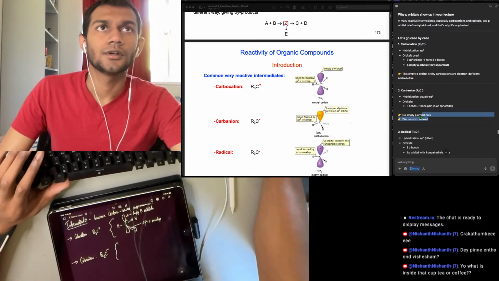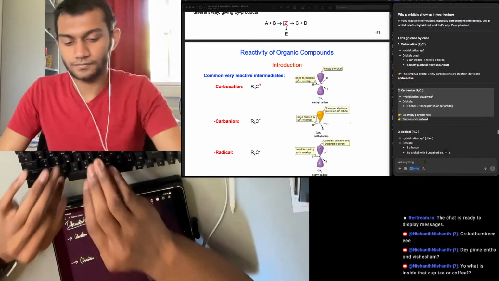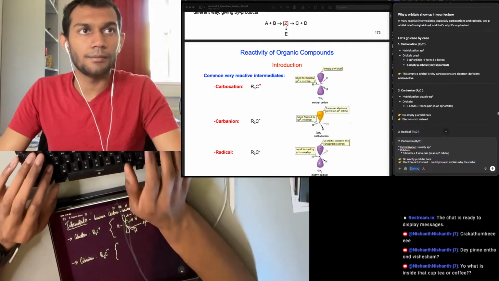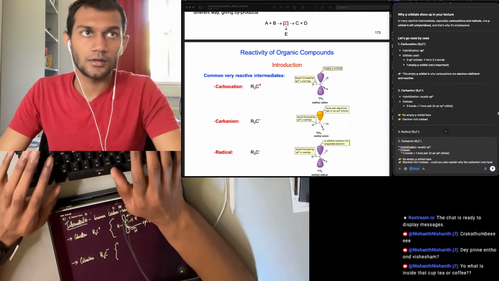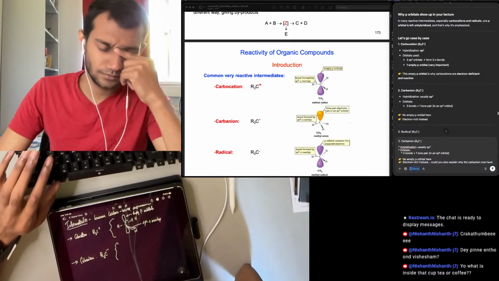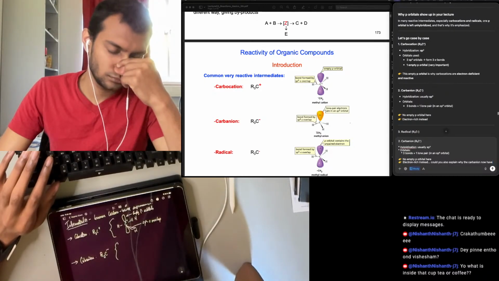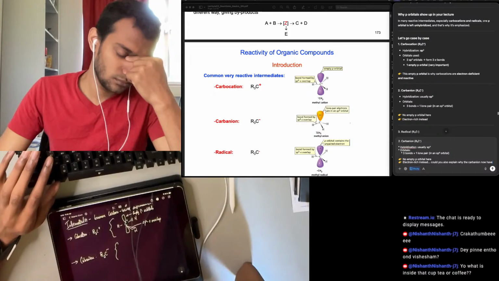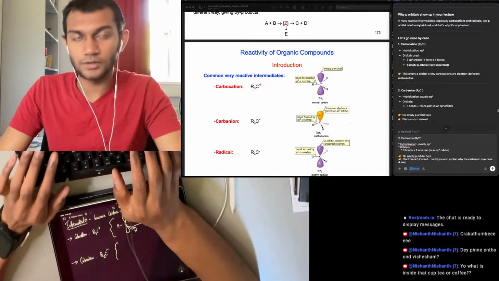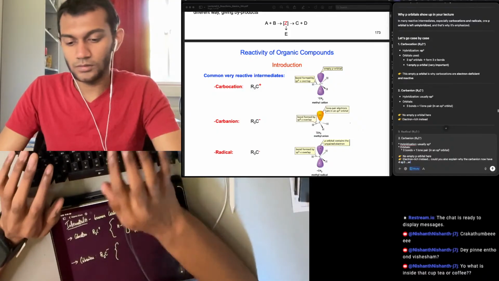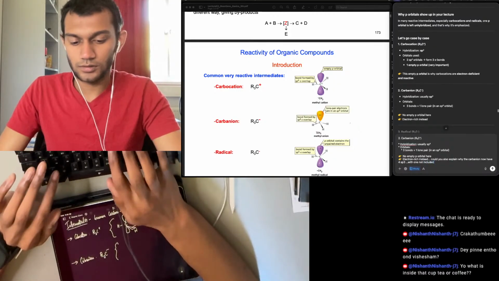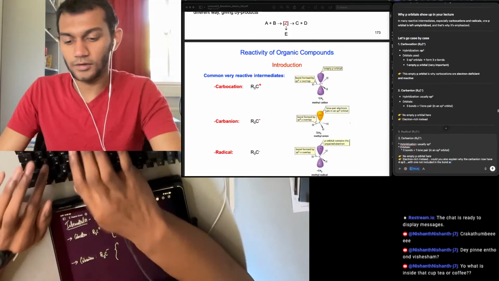Wait. Could you explain why carbanion now has... four sp3 with one not formed, not included in the bond, rather as a lone pair?